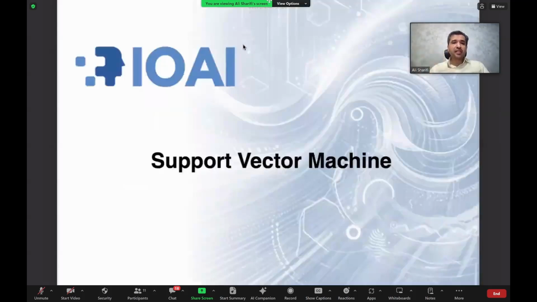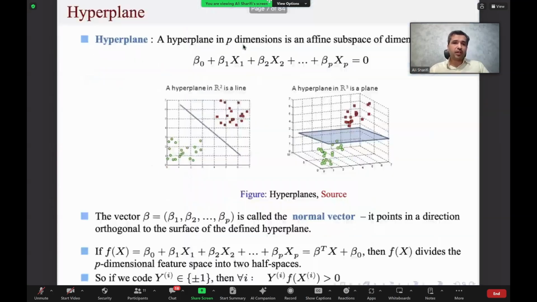The next item is support vector machine. It is a classical machine learning algorithm that was used for many years for classification of the input data. So the idea here is we are given some samples, and each sample has a given class. And we want to find a simple line or a hyperplane.